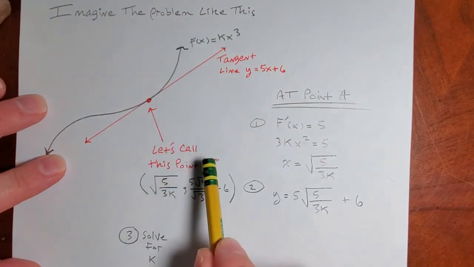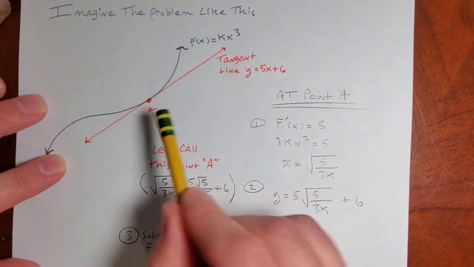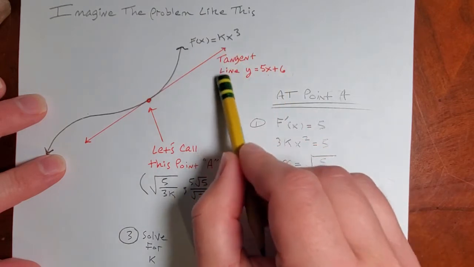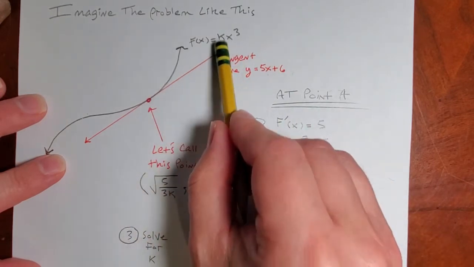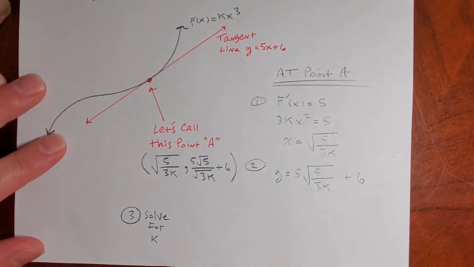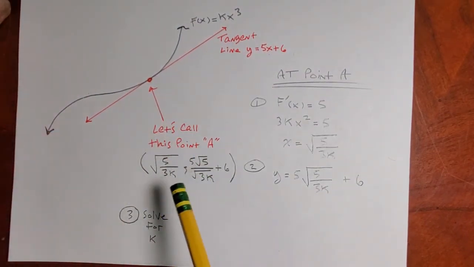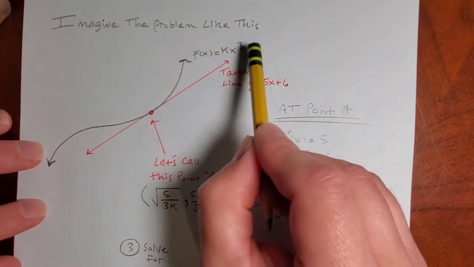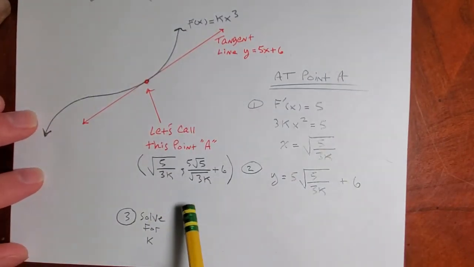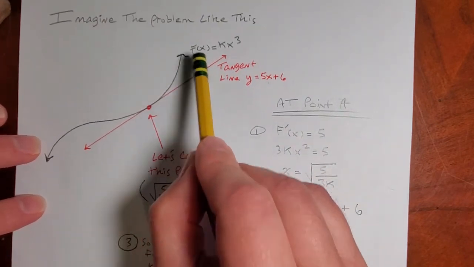So I've used the fact that this point is on the tangent line, and now I'm going to use the fact that it's also on the curve. So think about it. What would it look like if it had to be true that when you put this x in there, this is what you got for y?